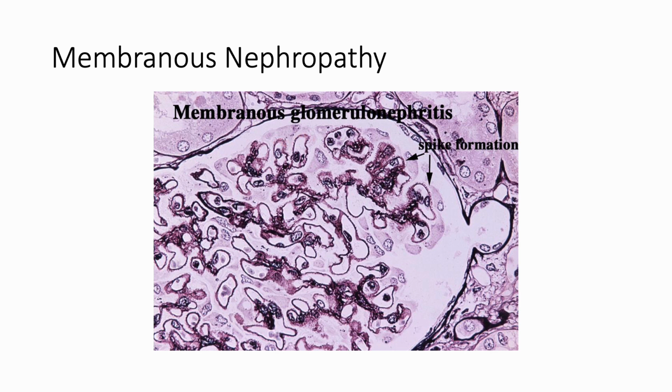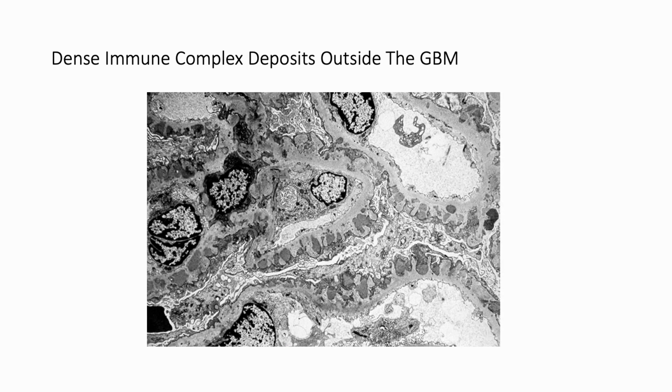Now, obviously, you do immunofluorescence staining, and you also see the deposits in the glomerular basement membrane. Now, here you see clearly this is the electron microscopy. Let's orient ourselves. This is the capillary lumen, red blood cell, endothelial cell.